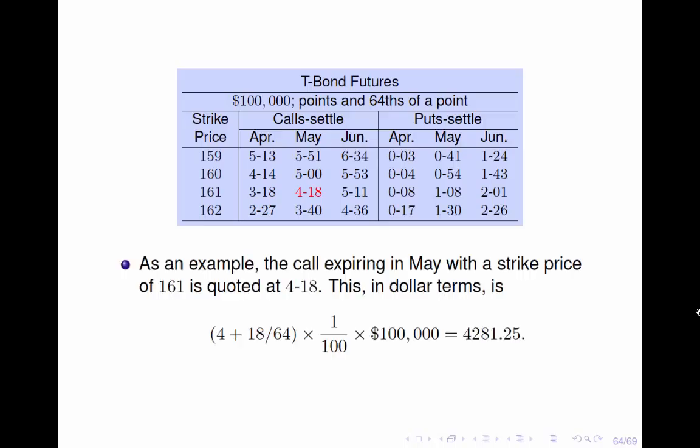As an example, the call expiring in May with a strike price of 161 is quoted at 4-18. That is 4 plus 18/64th points. Since each point is worth $1,000, this, in dollar terms, is equivalent to $4,281.25.